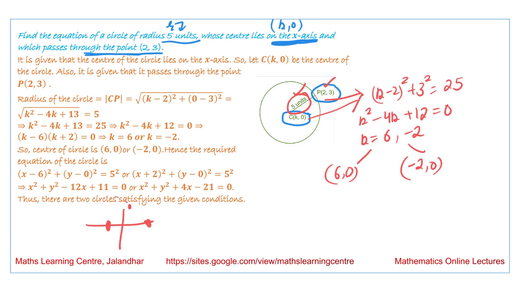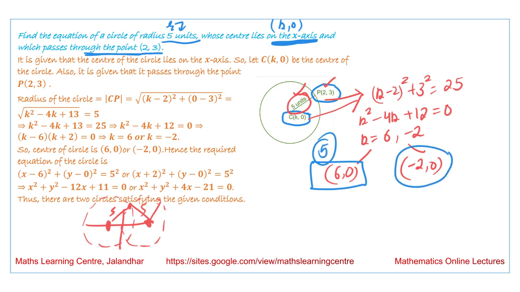So the circle may be of this form with this as the center, or the circle may be of this form with the same 5 unit length, that is the radius of this circle. So corresponding to these two, if we consider this as the center and the point, the radius we have is 5 units. Another case is this is the center and the radius we have is 5 units.